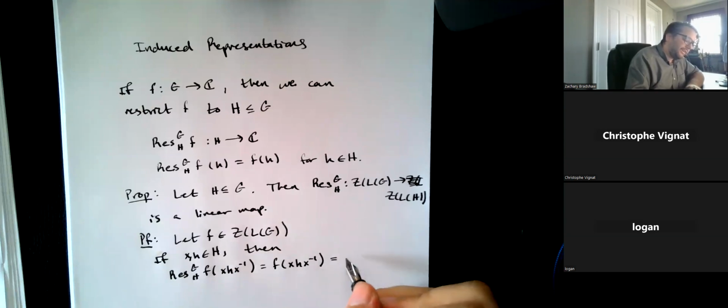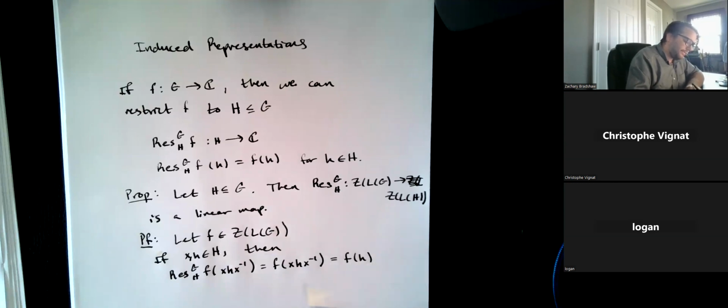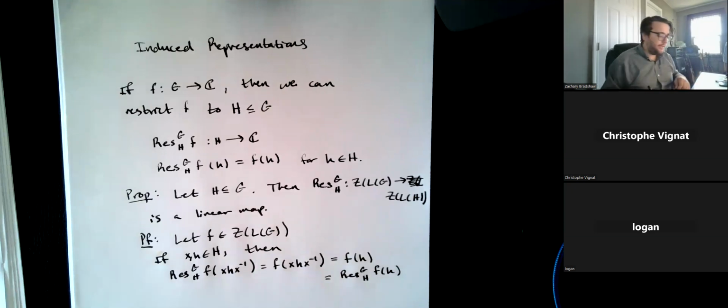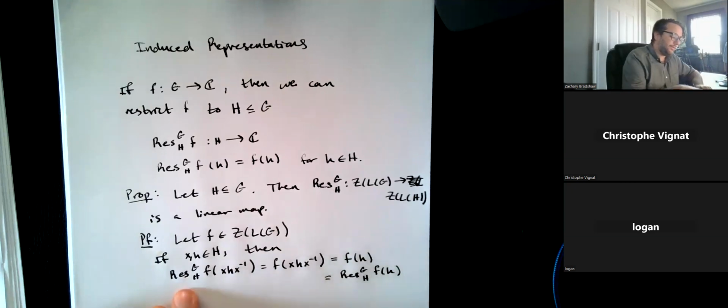But f itself is a class function on G, so that implies that this is f of h. And so this is the restriction of G to H of f applied to h. And so that tells me that this restriction map is taking a class function to a class function.